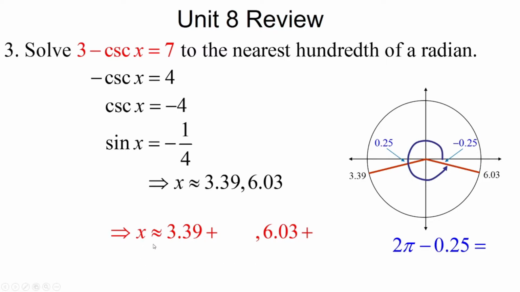So that would be x is approximately 3.39 plus 2n pi. And let's do the same thing with our 6.03 plus 2n pi. And that is all possible angles x for which the equation 3 minus cosecant of x equals 7. Nice.